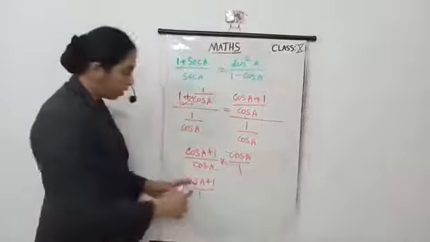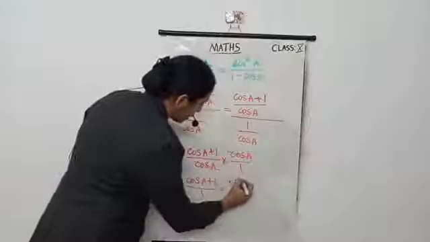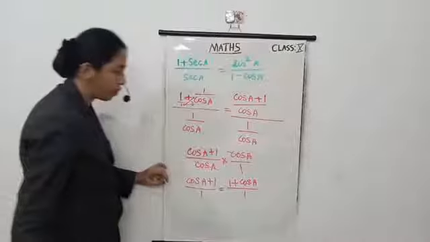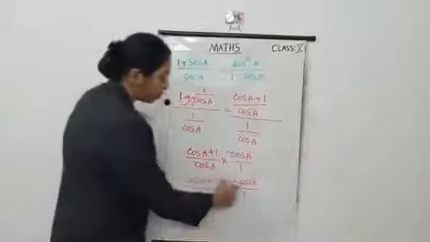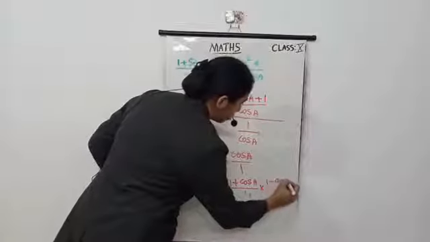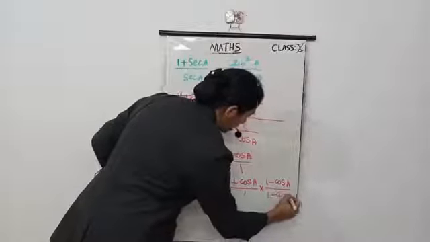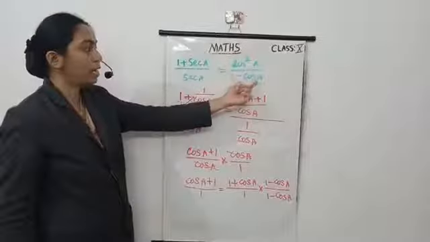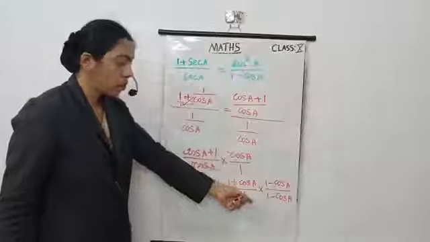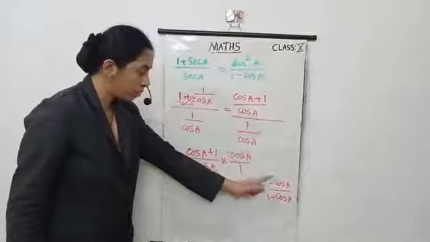Okay. Now this is equal to, we can write this numerator like 1 plus cos A by 1. No problem. Now multiply both the numerator and denominator with 1 minus cos A, because here denominator is 1 minus cos A, and we multiply both numerator and denominator with the same thing.